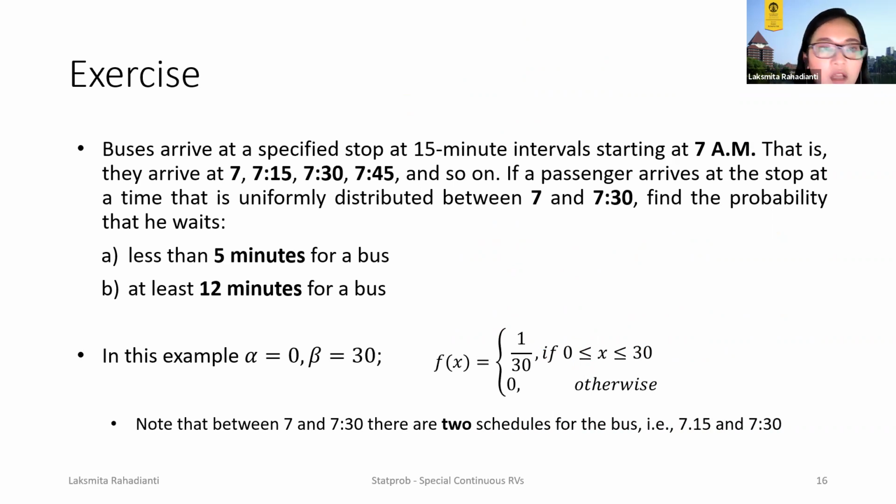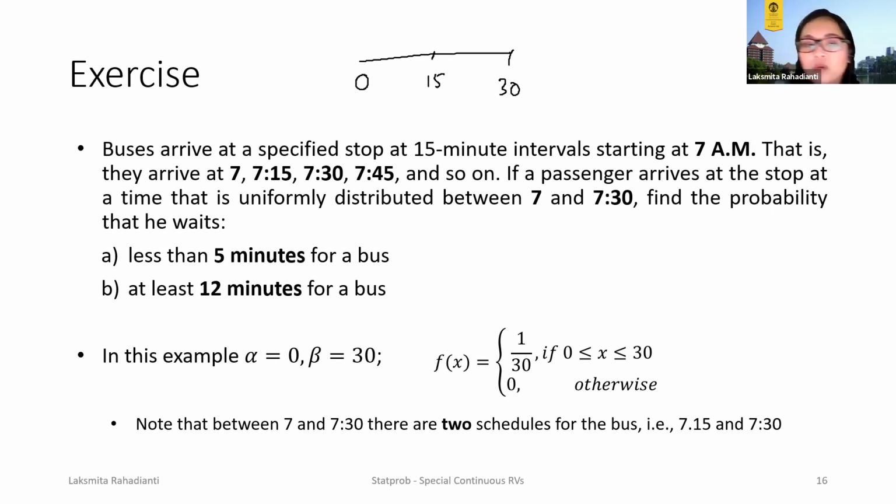I'm going to change the color though. So between 0 and 30, I have a bus here. I have 7:15 and 7:30. That was inconsistent of me. We have left out the 7. So let's just leave it at 15.